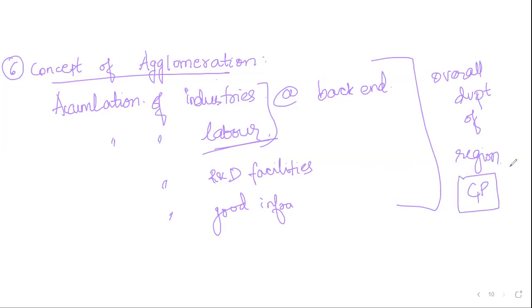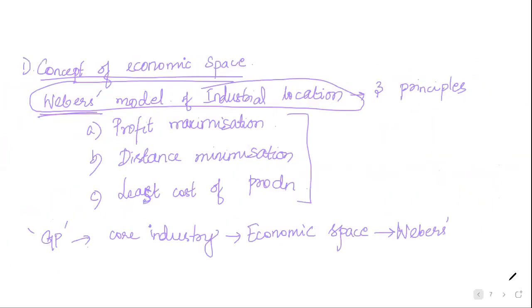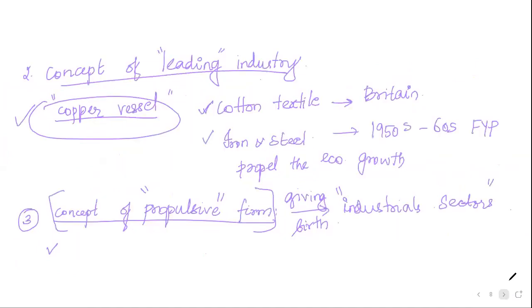So these 6 points are the different concepts behind a growth pole. Let's start from the beginning. The first concept is the concept of economic space. I need you to know about the web model also. Concept of lead industry. You cannot choose any industry. It should be a leading industry. You can take down these examples that I've given here.